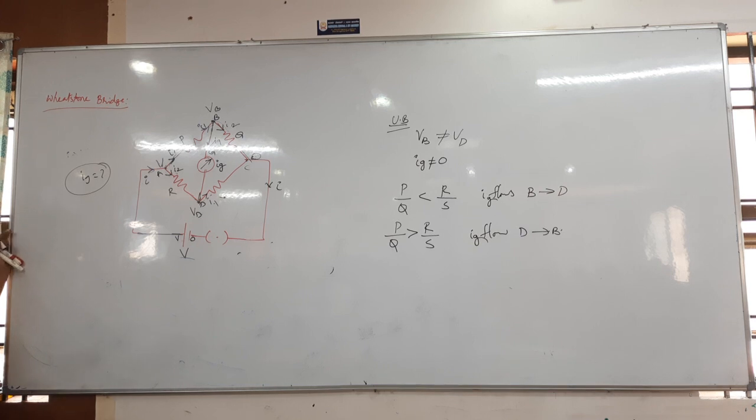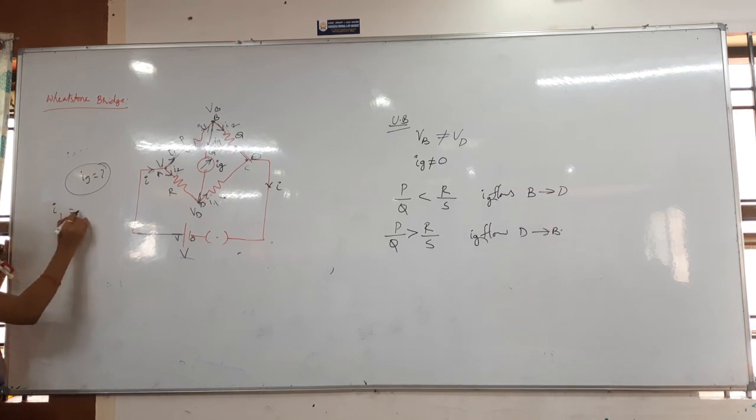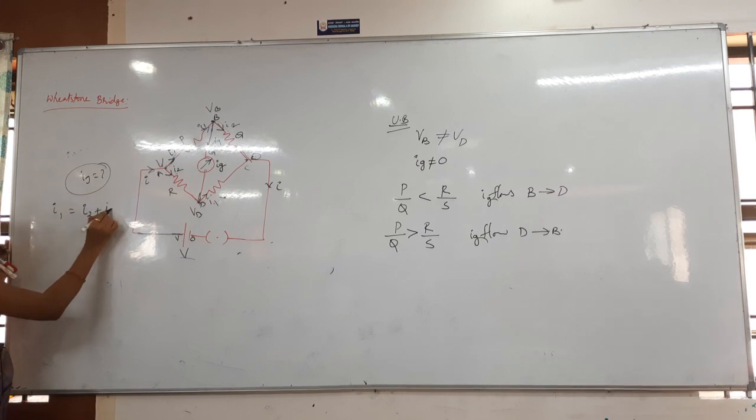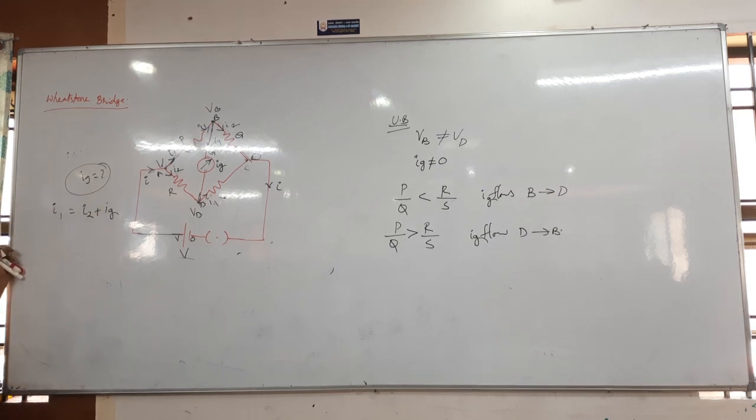Now at point B, you are applying the junction rule. Junction rule is nothing but currents entering equals currents leaving. Who is entering here? I1 is entering. Who is leaving? I2 plus IG are leaving.